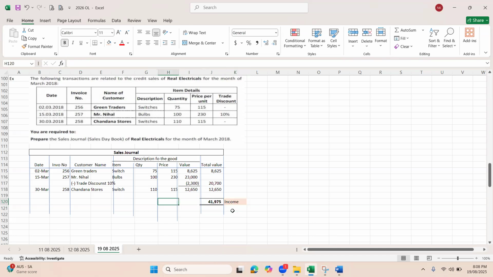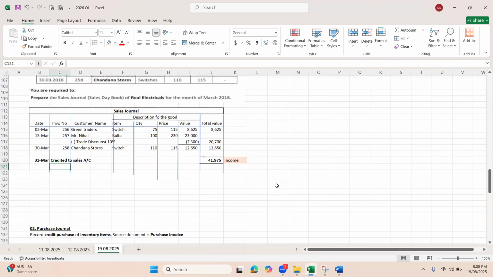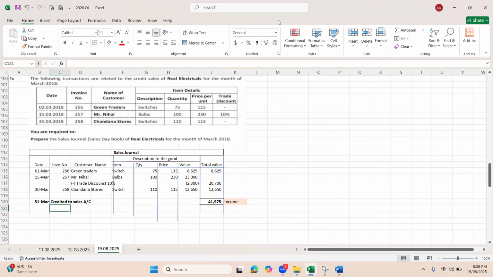Sales is an income. Then here, 31st March, credited to sales account. Very important. Were you able to understand, students? Yes, sir.